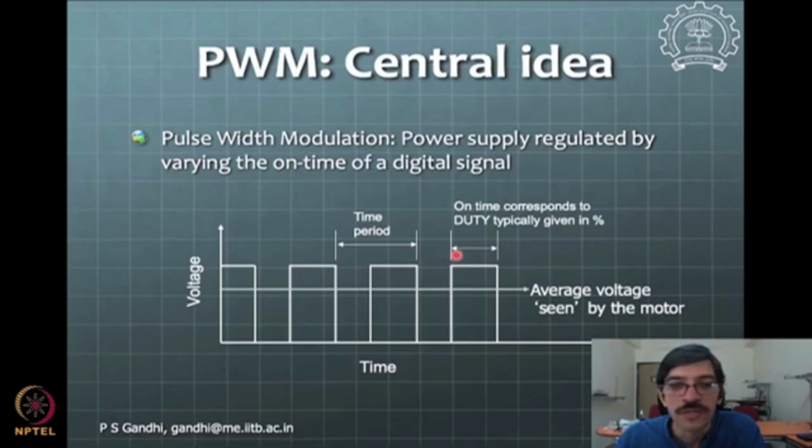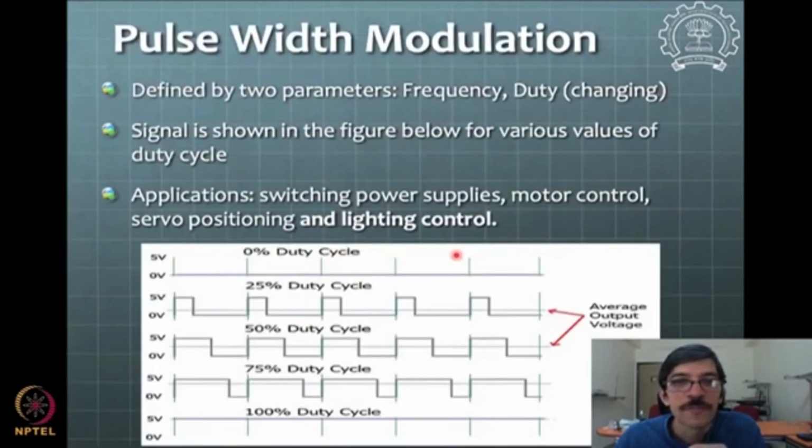This is how you see a basic PWM signal. Now we want to generate such a signal, and what is a way one can think of in a microcontroller to generate it? There are mainly two parameters for PWM: one is frequency and the other is duty. The frequency parameter is usually fixed, and the duty is what changes continuously.